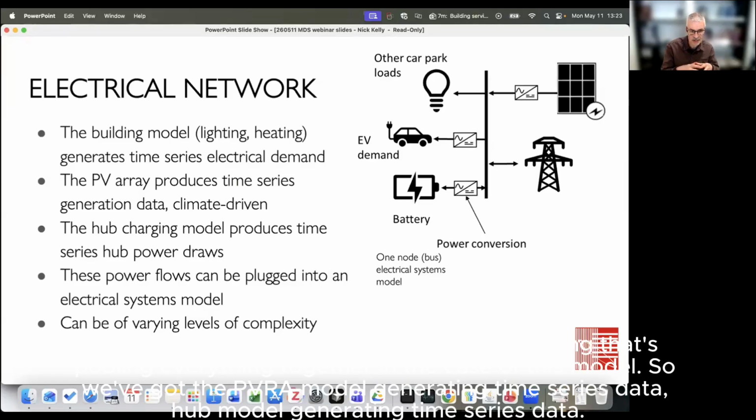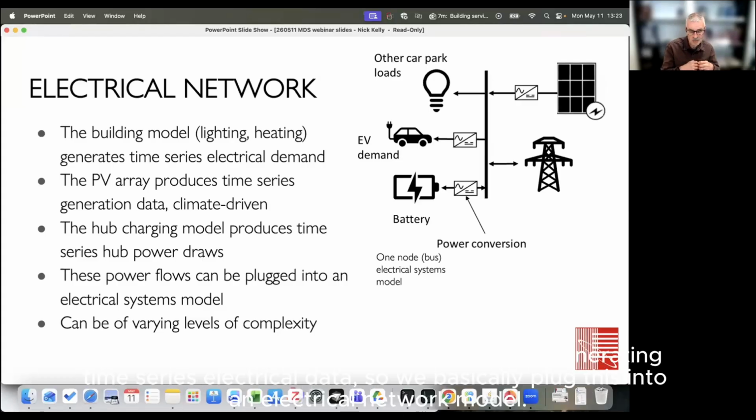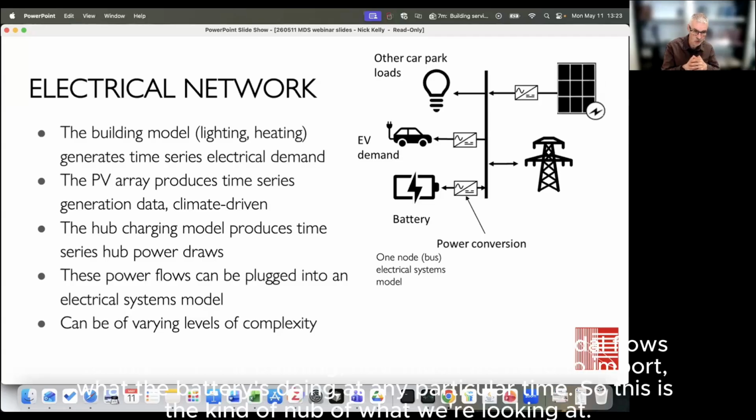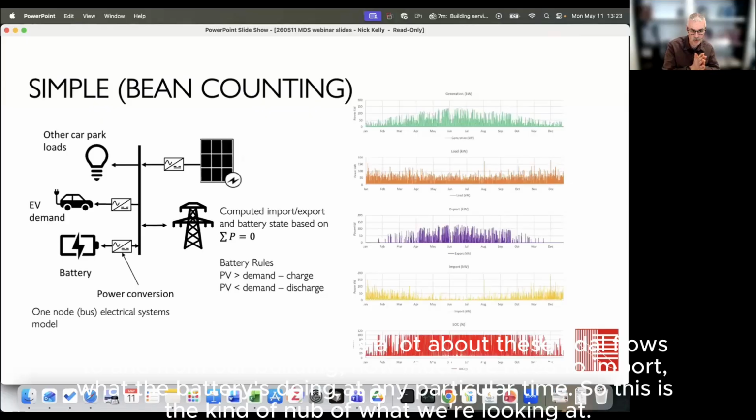So we get the PV array model generating time series data, the hub model generating time series data, and our building simulation model generating time series electrical data. So we basically plug this into the electrical network model, and that tells us a lot about these tidal flows to and from our building, how much we need to import, and what the battery is doing at any particular time. So this is the kind of nub of what we're looking at.